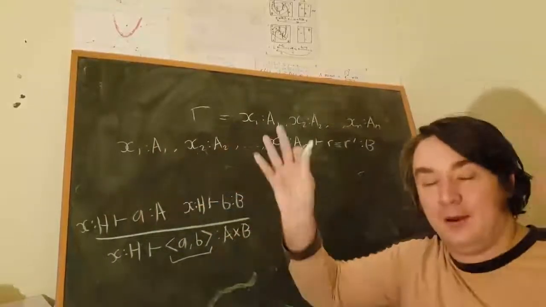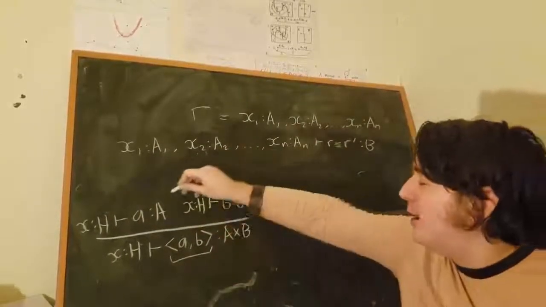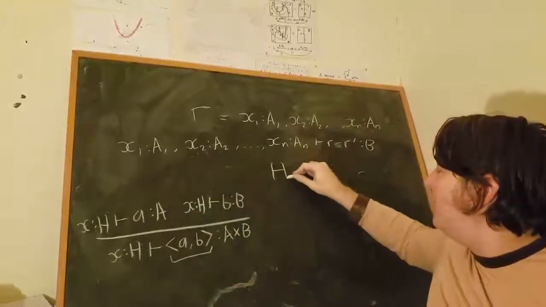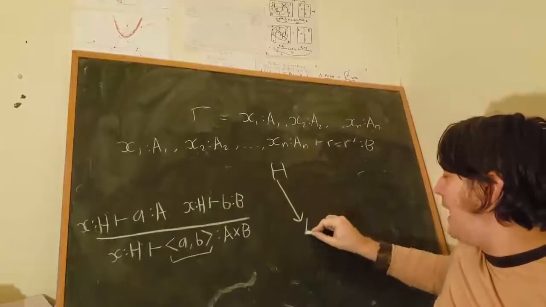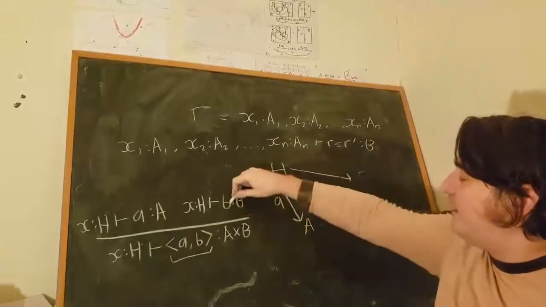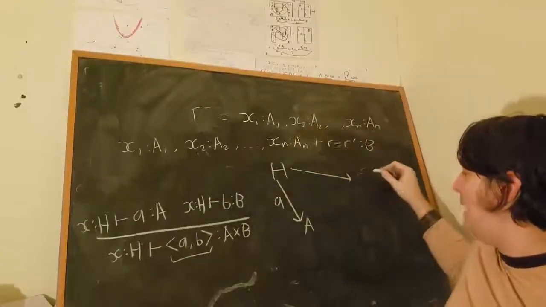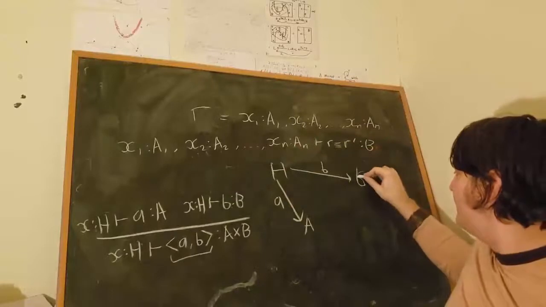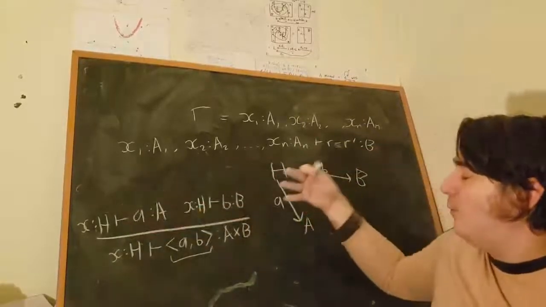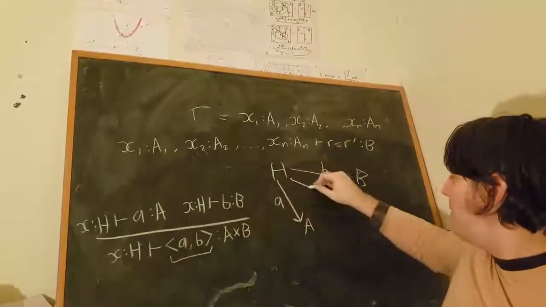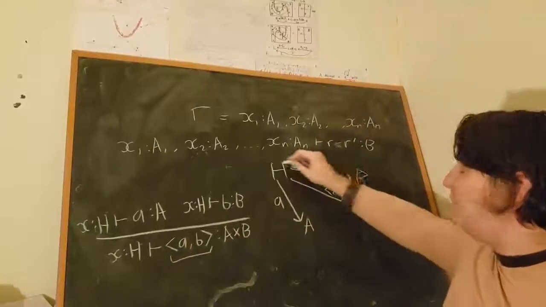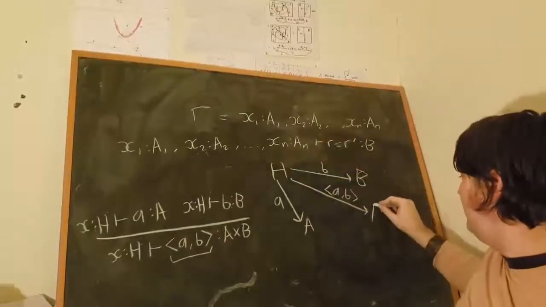Well, this is a little bit hand wavy, and I'll make this precise later, but basically we can think of little a as an arrow from H to capital A. And similarly, little b, we can think of it as an arrow from capital H to capital B. And what this is then saying is that given this, we can form this arrow a comma b, which is an arrow from capital H to A times B.